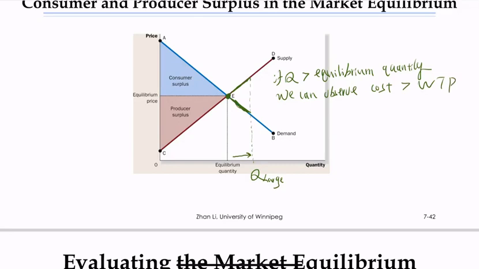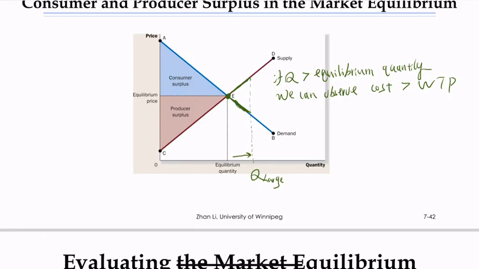How do you see this? Well, because demand curve is a measure of willingness to pay, and supply curve is a measure of cost. And you can see that if quantity is larger than equilibrium quantity, then supply curve is above demand curve. This implies cost is larger than willingness to pay.